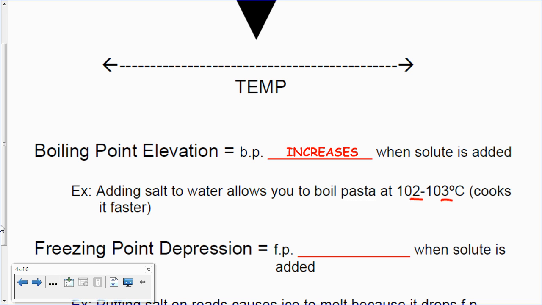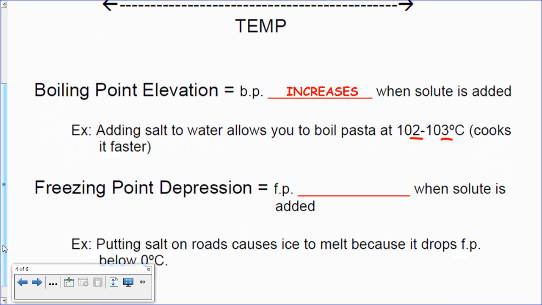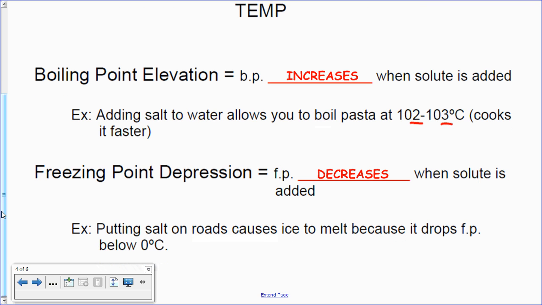Now, freezing point depression is when the freezing point decreases when the solute is added. So we put salt on the roads, causes the ice to melt, not because it gets hotter, but because the ice freezes below zero. Okay, so if it's cold out there at 0 degrees, if you add salt to the ice, it's going to freeze at like -10, -20.